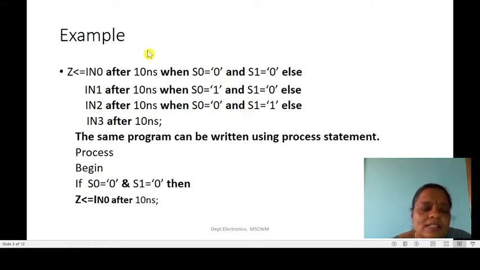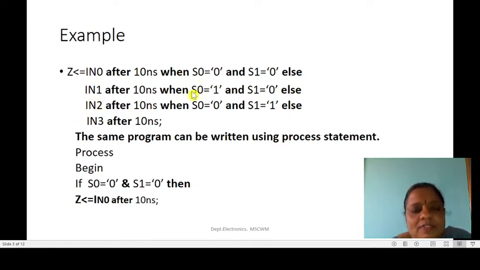The control comes one line at a time. So first, it checks if the condition S0 is equal to 0 and S1 is equal to 0. If this condition is false, because of this else, it is going to execute the next statement, that is IN1.